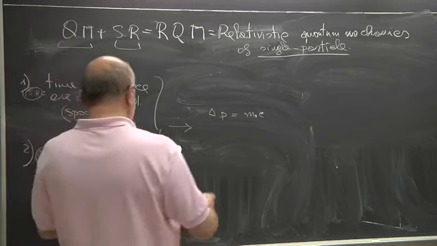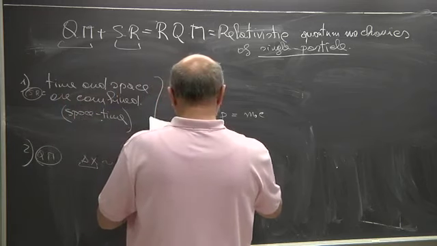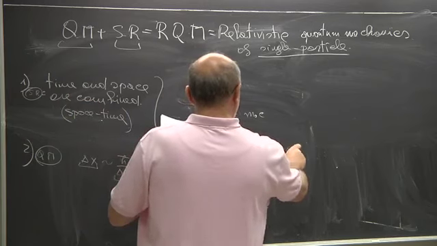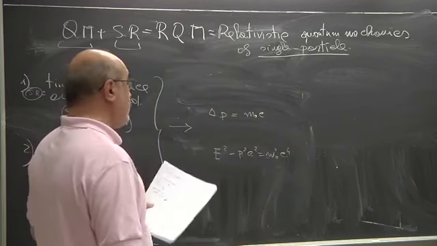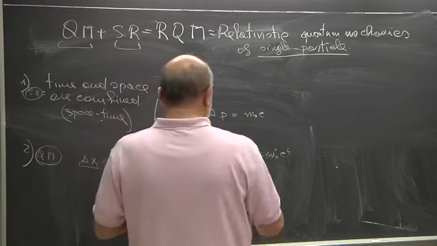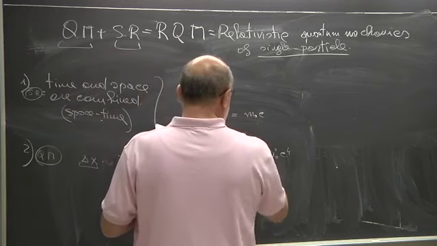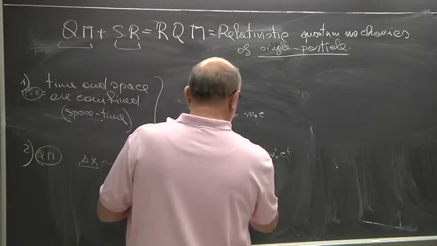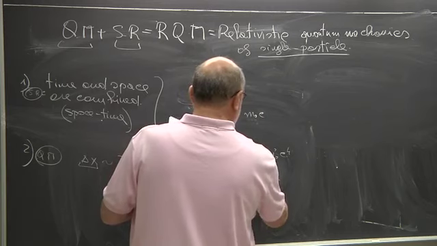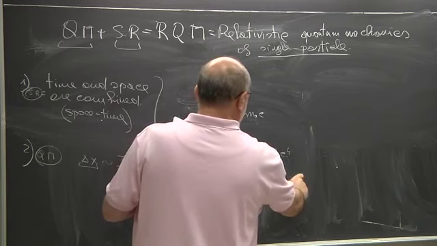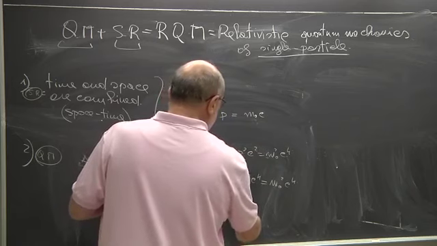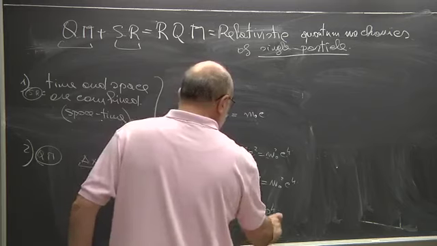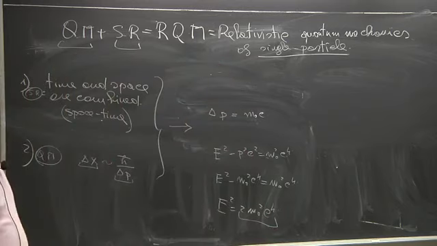Why? Let's remember the famous relation E squared minus p squared c squared equals m squared c to the 4. The famous relation, that E and p are related by this. Okay? Then if the momentum is this object, you get E squared minus the momentum squared is this object, so you get M squared c to the 4 equal to m squared c to the 4, but this means M squared is 2 m0 squared c squared, and this describes two particles, right?